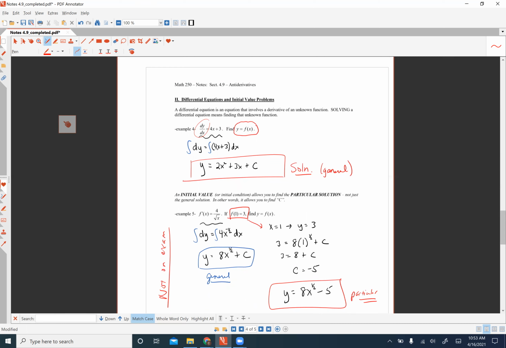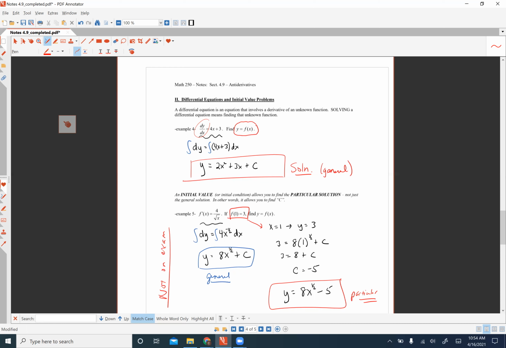Example 4. When I say favorite, it's because it's pretty easy to solve. Pick up a differential equations book and you see chapter after chapter of techniques for solving different types of differential equations. But this is about as straightforward as it gets, because you just integrate the right side. You find the antiderivative of 4x squared plus 3. Again, x to the first, we add 1 to it, we get x squared, and we divide by 2.